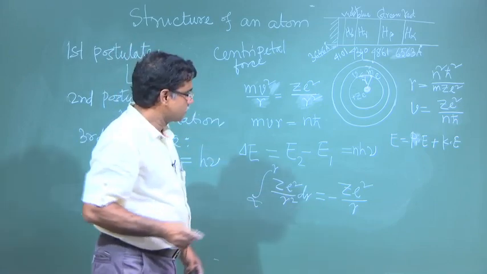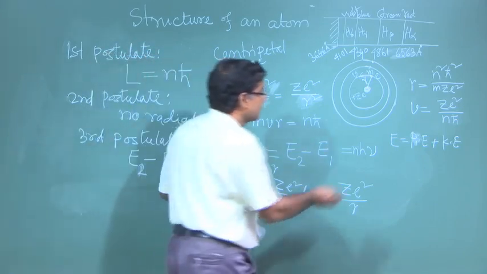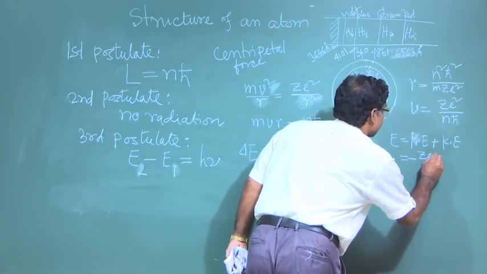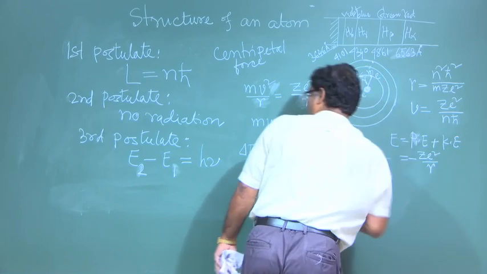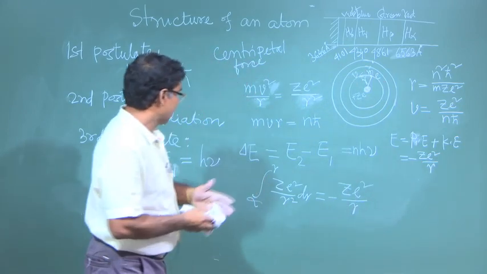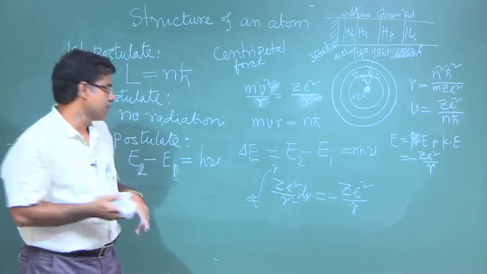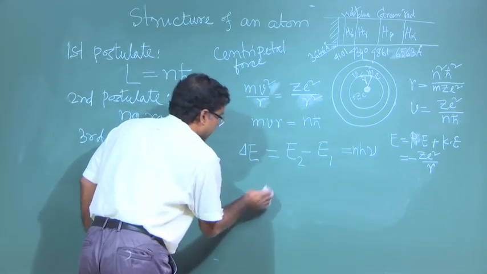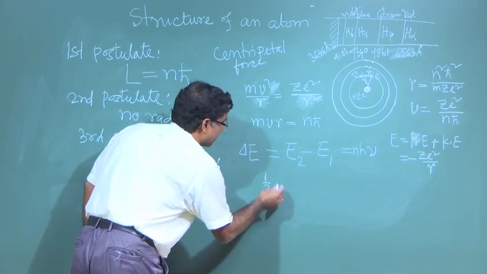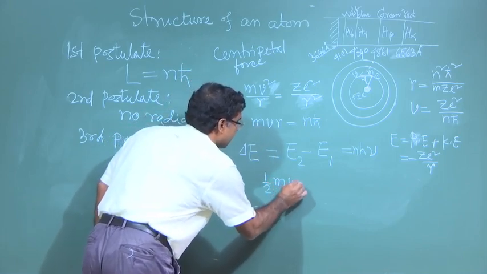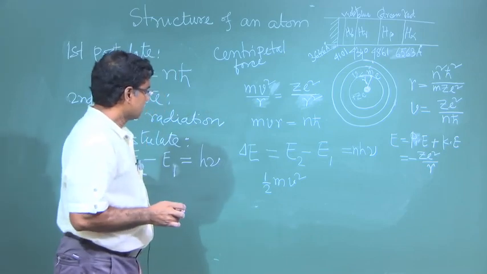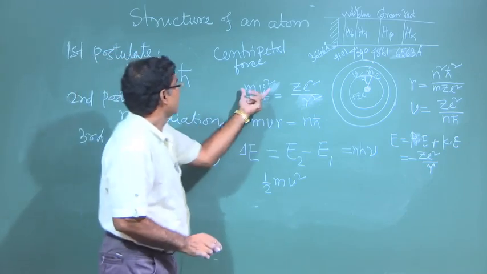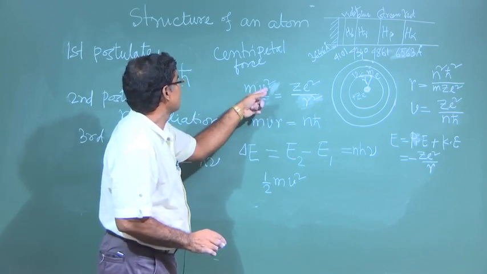Okay. So, E equal to, I will write minus potential, Z square by r. And then kinetic energy is half mv square. So, from here itself you can see mv square.